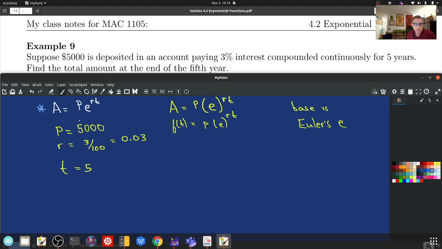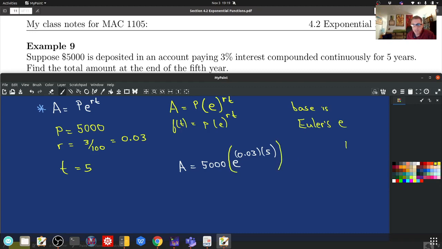So let's calculate it. A is equal to 5,000 times e raised to 0.03 times 5. So again, we're going to do this part first.